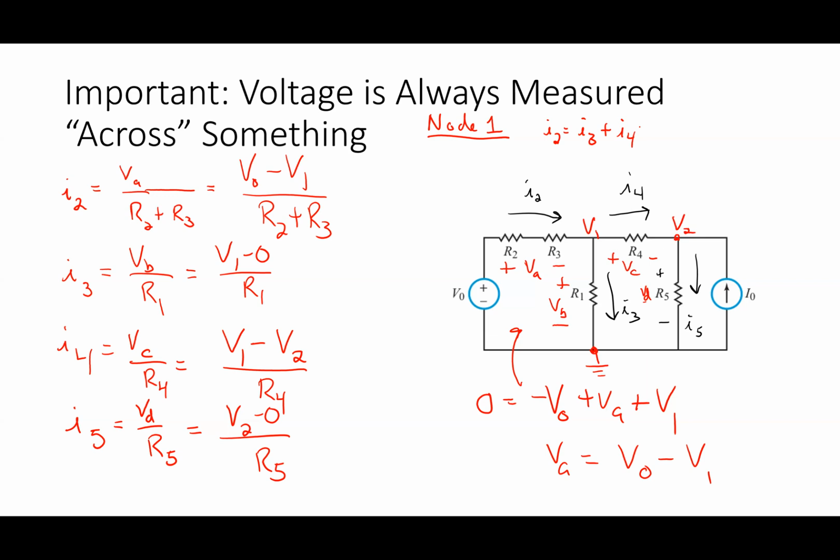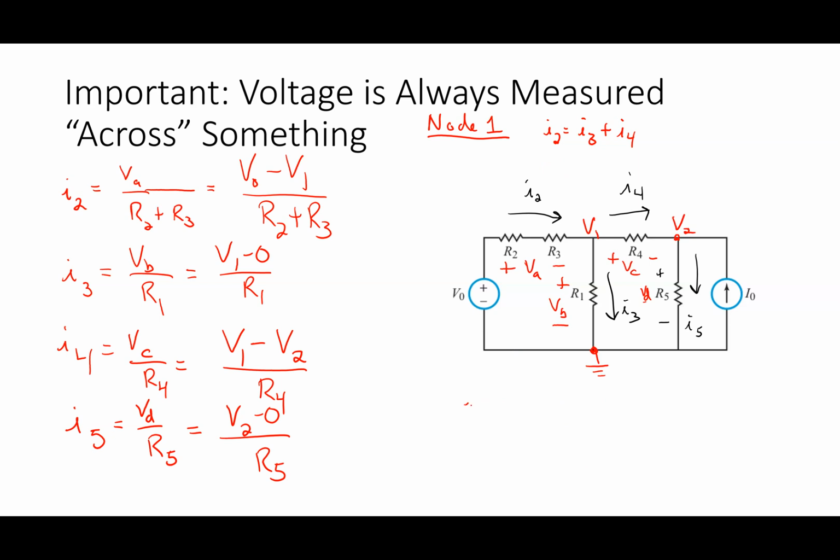I think of it as in equals out. All right. So, and then I plug in here, what is I2? Well, I2 is V0 minus V1 over R2 plus R3. That has to equal, I need to give myself more room to write this. Let me get rid of this down here. All right.